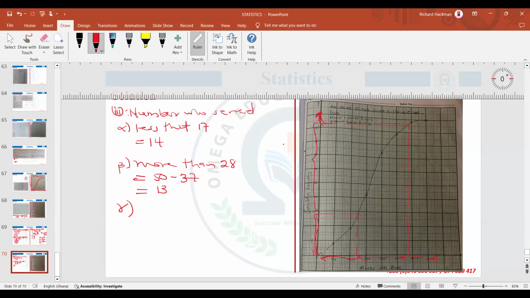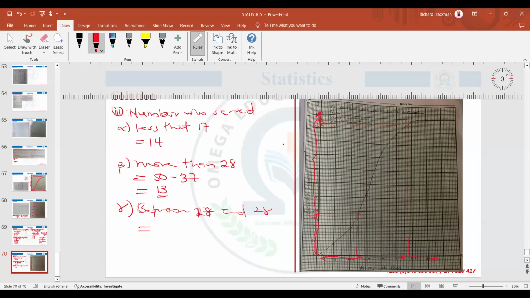So if I want to find this distance, what do I do? It will be the upper reading here minus the lower reading. Between 17 and 28 will be equal to my 28 reading minus my 17 reading.